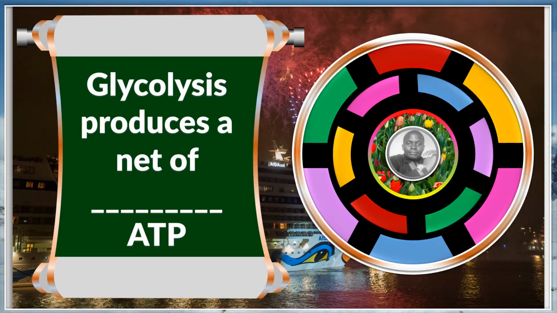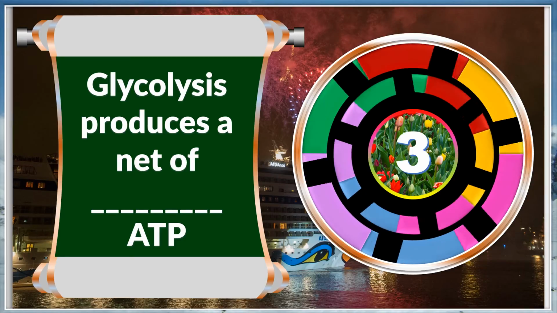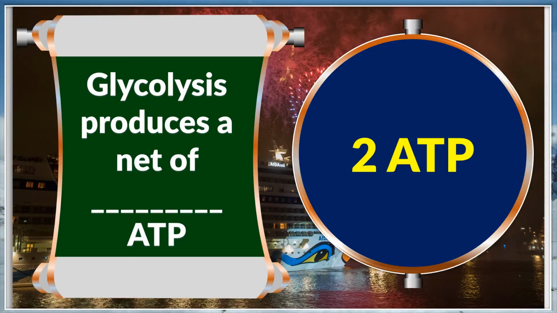Glycolysis produces a net of dash ATP. Two ATP.